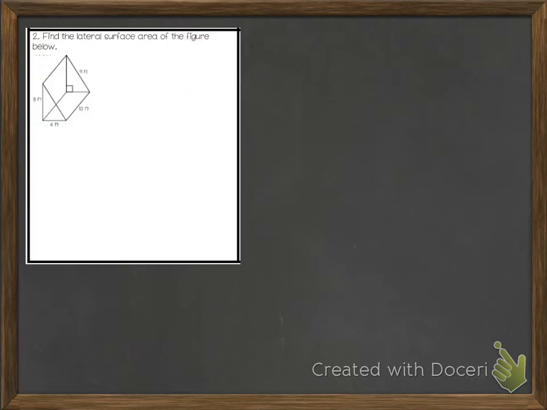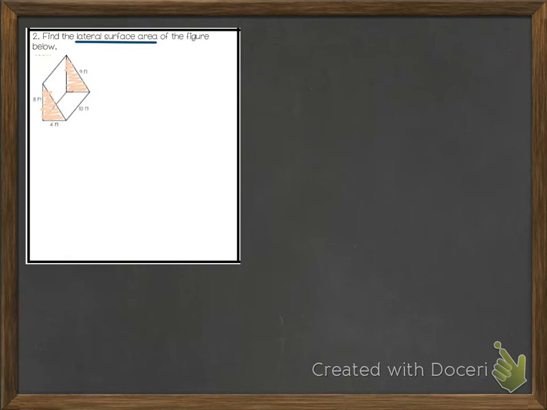Okay, so number 2 says to find the lateral surface area of the figure below. Here we have a triangular prism. Here are your bases, so let's shade our bases. Triangle, triangle.